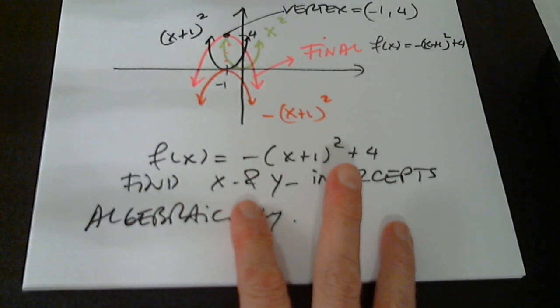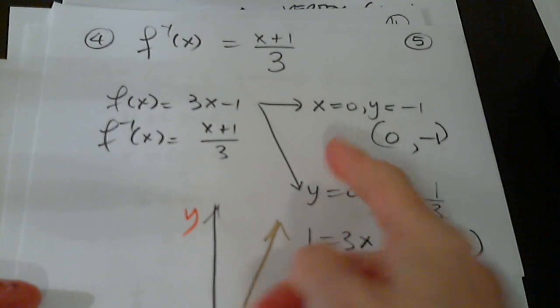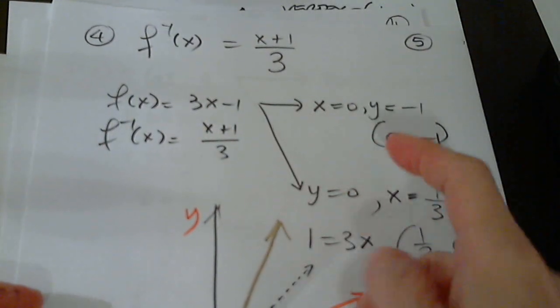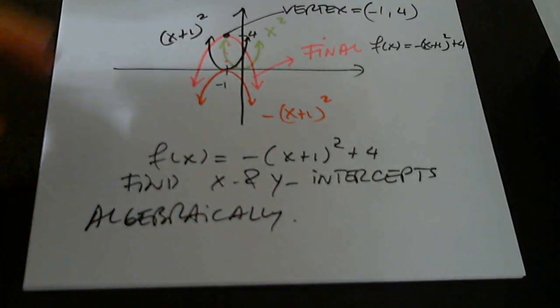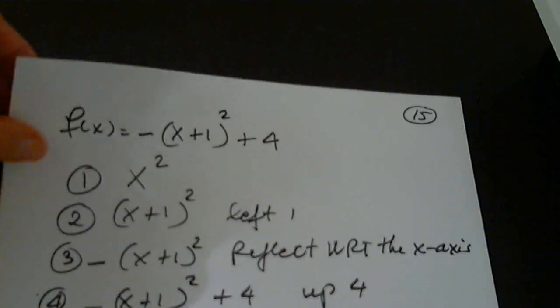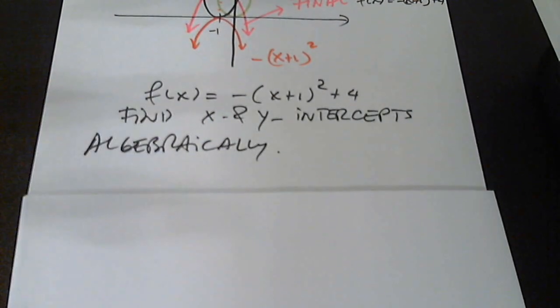We've done this a lot for linear functions. Here, x and y intercepts. But now I would like us to work on a quadratic function and find the x and y intercepts algebraically. The procedure is the same. It's just that the function is different.